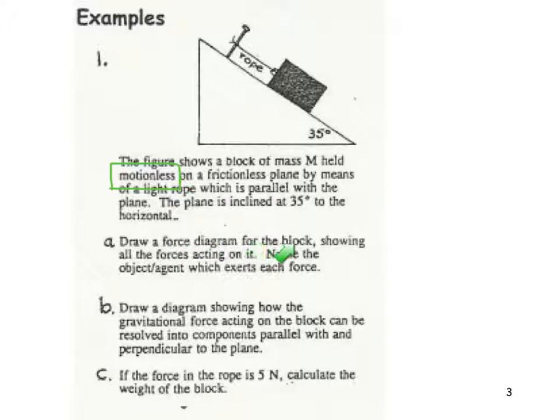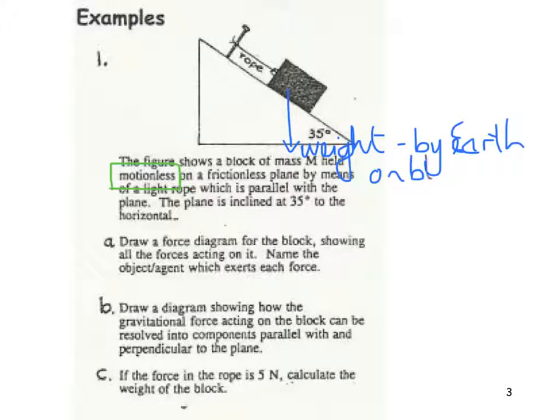Draw the force diagram for the block showing all the forces acting on it and name the object which exerts each force. So the first force is weight or gravitational force, and it is exerted by the earth on the block.